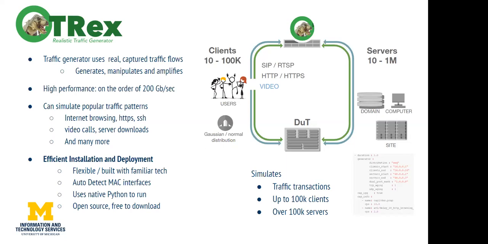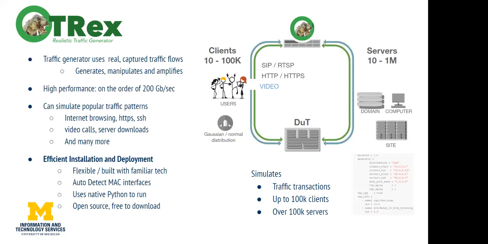You're able to specify, do you want to have certain types of internet browsing traffic, SSH traffic, video calls, etc. And you also have the option to scale the amount of information being sent by each of the clients over time as well. The output of T-Rex is a long list of metrics, like several pages for each test.